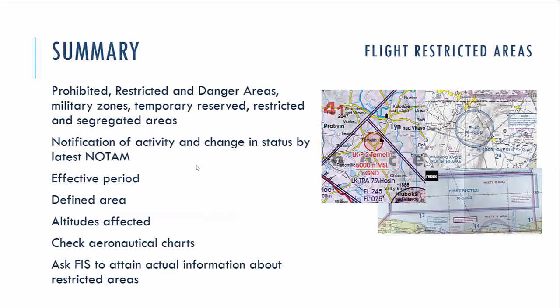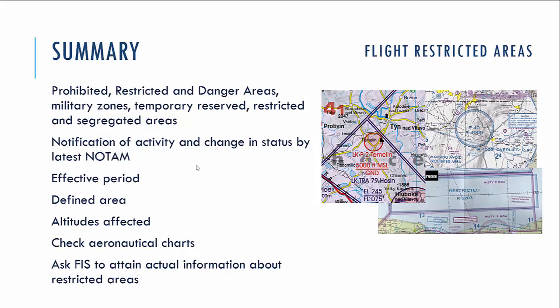So we finished discussing the airspace classification. Now let's talk a little bit about restricted areas. There are some set of restricted areas like prohibited, restricted or danger areas, military zones, temporary reserved, restricted and segregated areas.